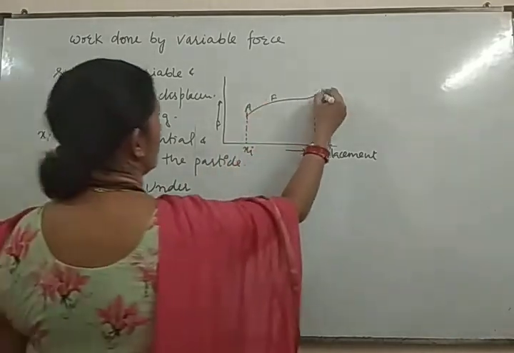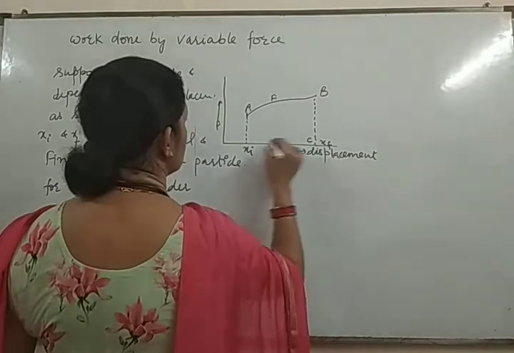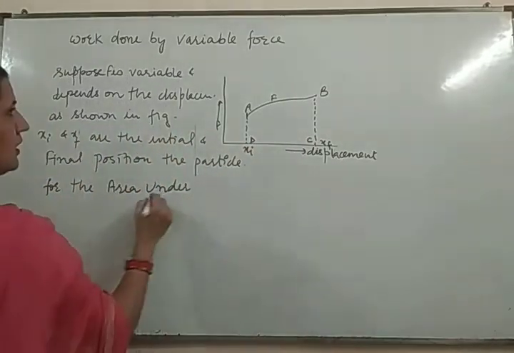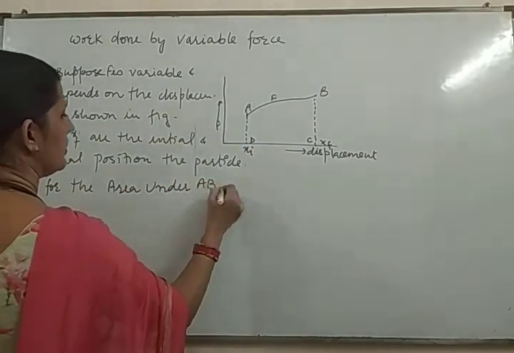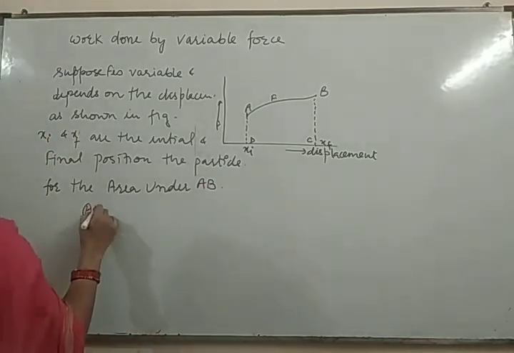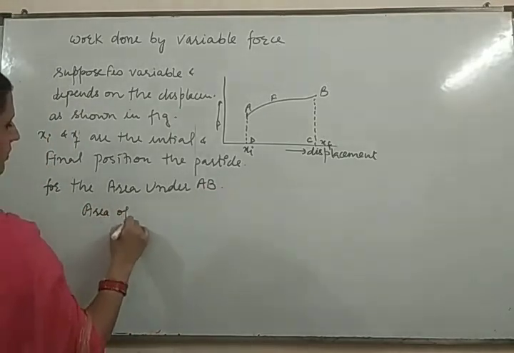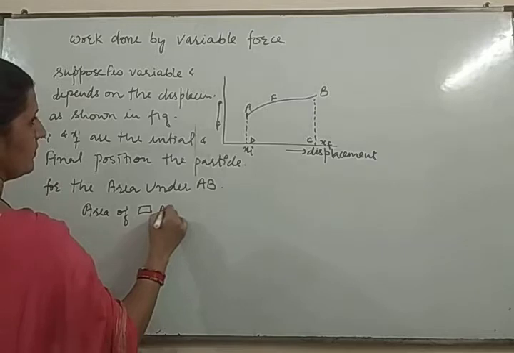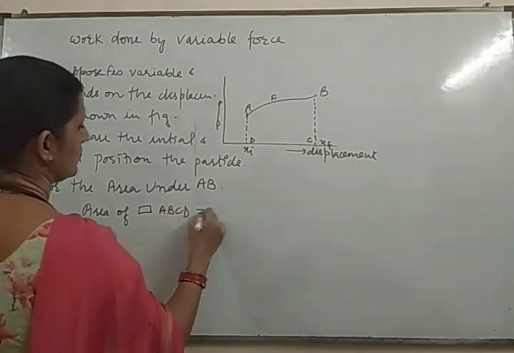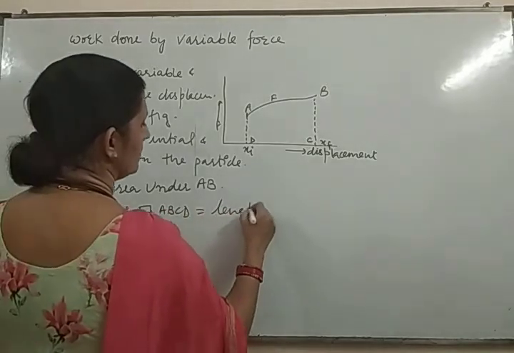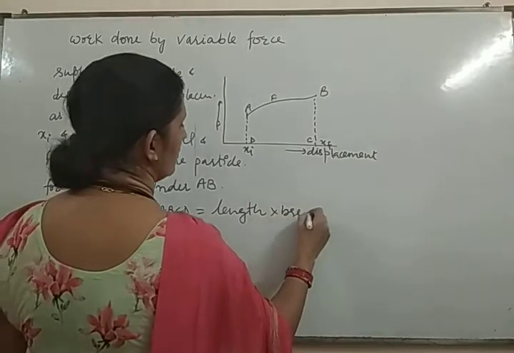Suppose this is A, B, this point is C and D. The area under AB is what? This is the area of rectangle ABCD. This is equal to length into breadth.